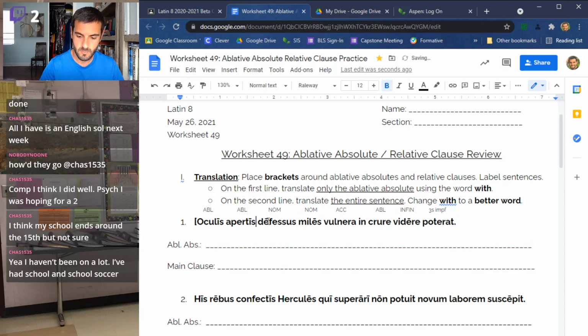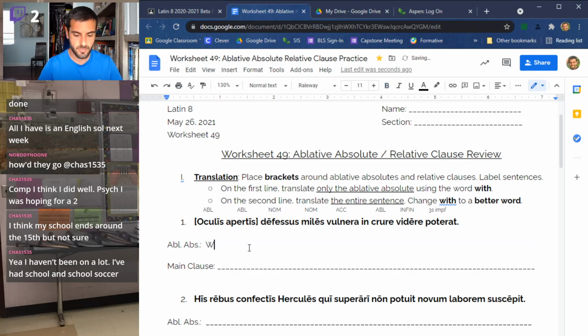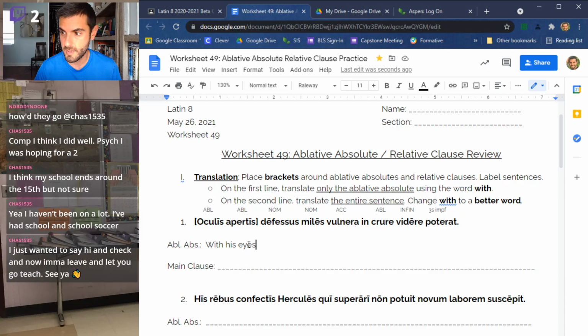So, with, oculis are eyes. The sentence is about a soldier, so we'll say his. With his eyes, and then we translate apertis. Apertis, perfect passive. So, with his eyes having been opened, right? That would be the kind of clunky stock translation.